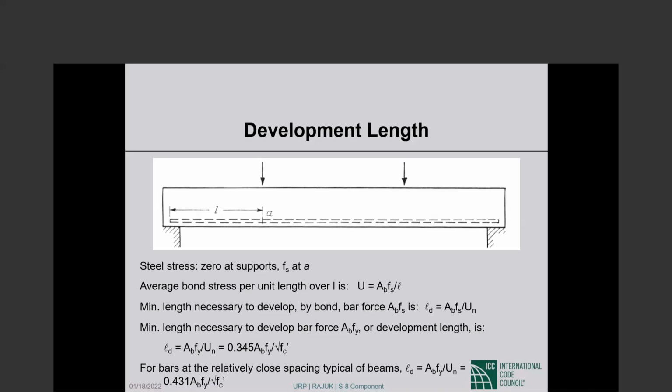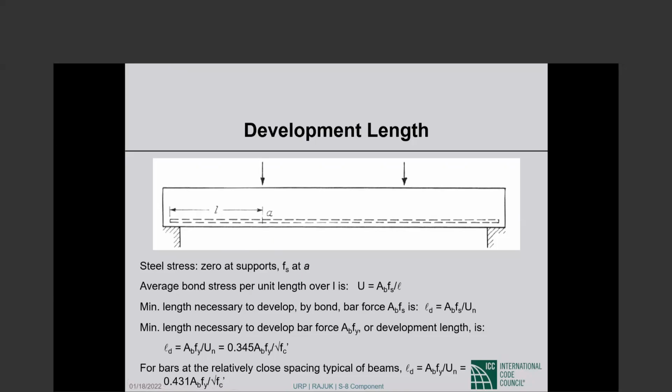steel stress is zero at the supports. There is no bending moment. There is no stress in the reinforcement. So f sub s is zero at the support, and in this section A, the steel stress is f sub s. We just denote it by f sub s, whatever it is.